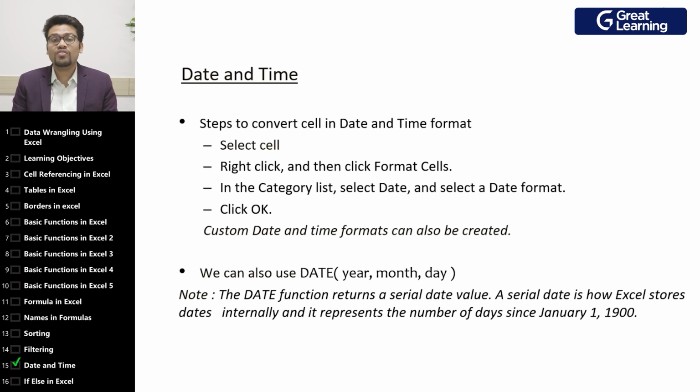Now we also have one more function in Excel which is called DATEVALUE. In the back end, Excel keeps track of dates by a series, where the first date in the series is 1st January 1900. So this is considered as 1.